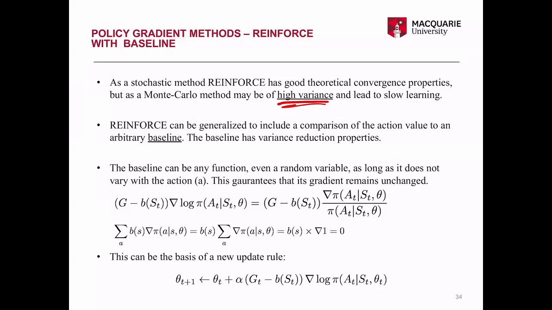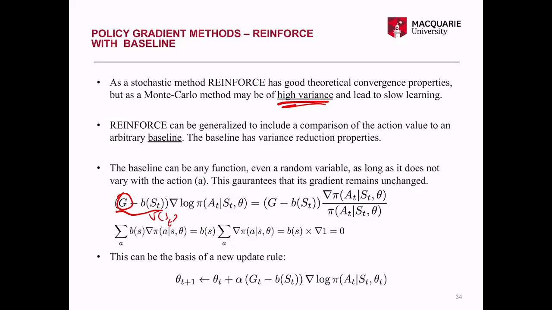Now, it turns out that if you subtract an arbitrary value, or something that you derive from the state, like the state action function, from your return, it actually reduces the variance in your formula.